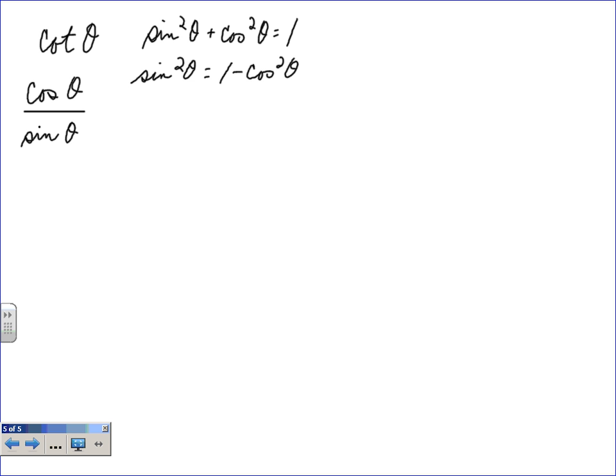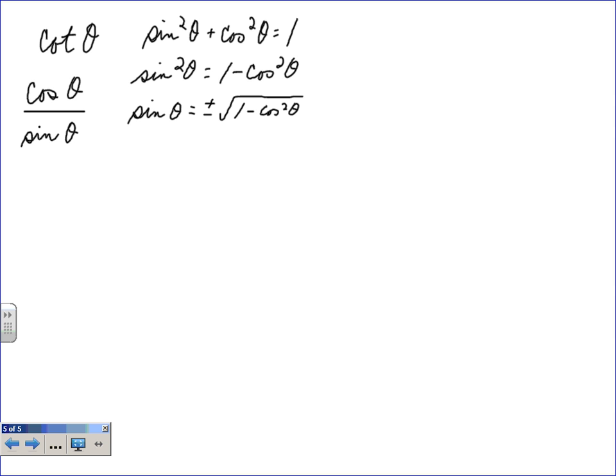So sine squared would equal 1 minus cosine squared. And so sine, then, would equal plus or minus the square root of 1 minus cosine squared theta. That's what sine is equal to. Plus or minus the square root of 1 minus cosine squared.